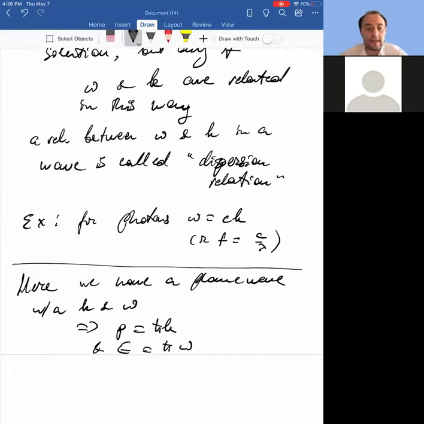Okay, and what this means is the following. This wave function describes a particle with a well-defined wave number and therefore a well-defined momentum, and at the same time, it has a well-defined angular frequency, and so therefore it has a well-defined energy.